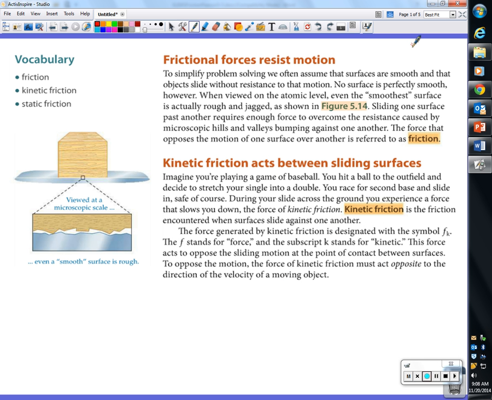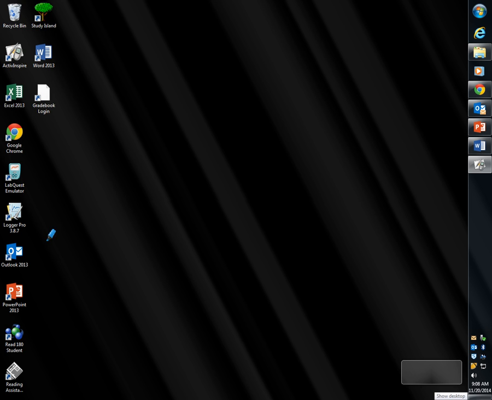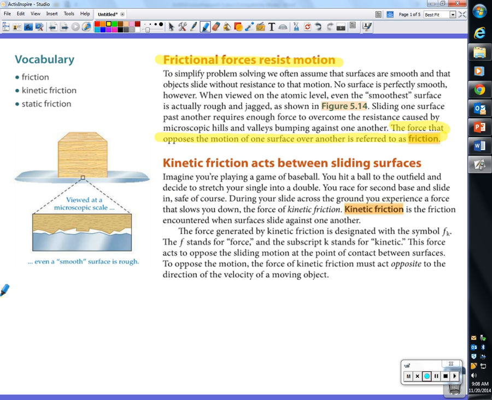is what is most generally associated with frictional force. So, frictional forces resist motion. And I think that most of us are probably familiar with that idea. Okay? Down at the bottom, I don't know if we need to reiterate this, but the force that opposes the motion of one surface over another is referred to as friction. The type of frictional force that we're going to start with is what we refer to as kinetic friction.